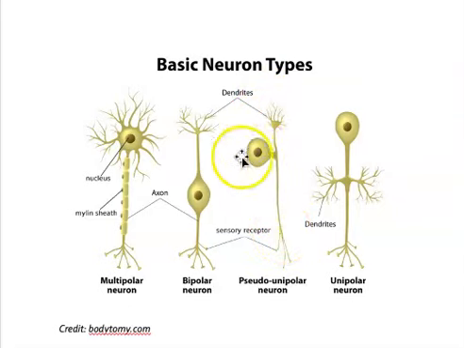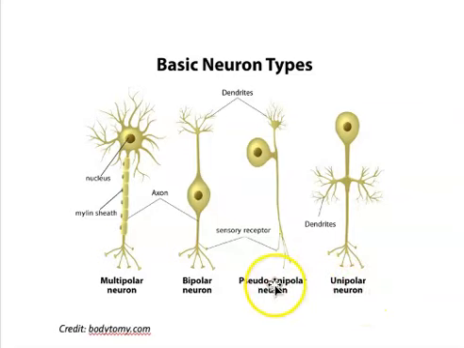So it is unipolar, but it's not like this cell is because of the way it branches. So unipolar, one membrane extension; bipolar, two membrane extensions; pseudo-unipolar, one membrane extension that quickly becomes two; and then the most traditional multipolar neuron.